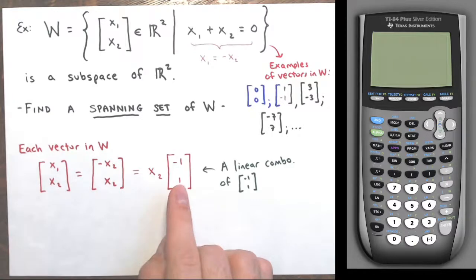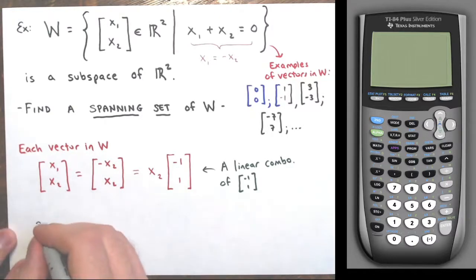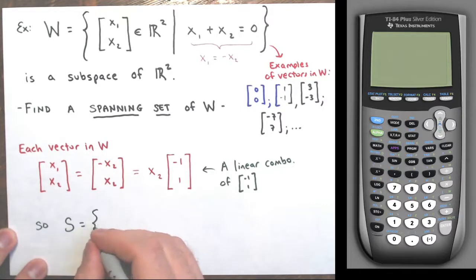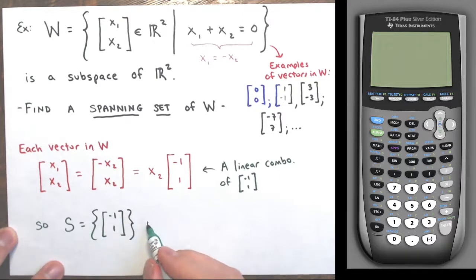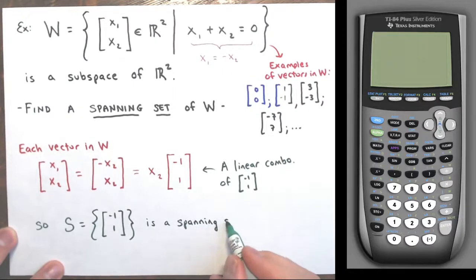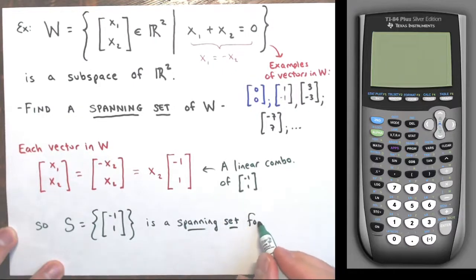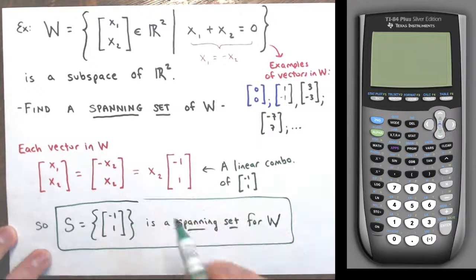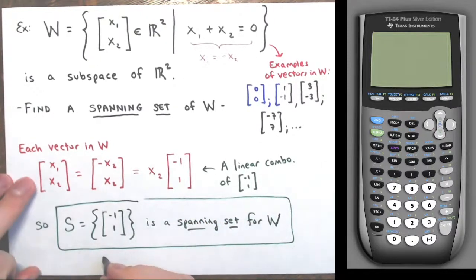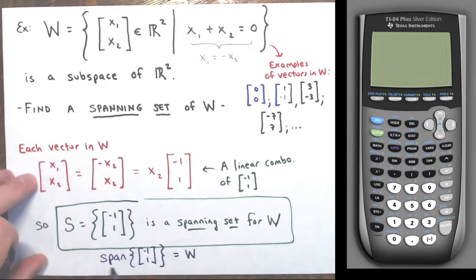So this set of vectors, just the set with negative 1, 1 in it, is a spanning set for W. In other words, the span of this vector negative 1, 1 equals W, because W has all linear combinations of negative 1, 1.